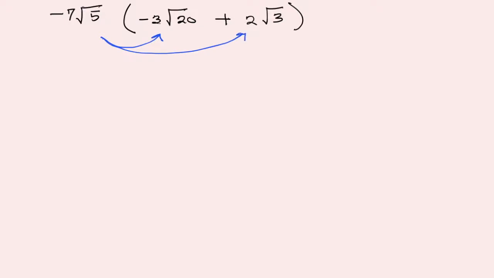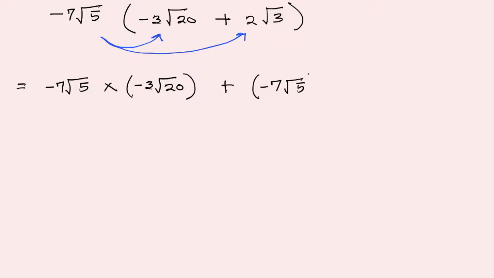And so we multiply this by this, and that gives us minus 7 root 5 multiplied by minus 3 root 20, plus minus 7 root 5 multiplied by 2 root 3.